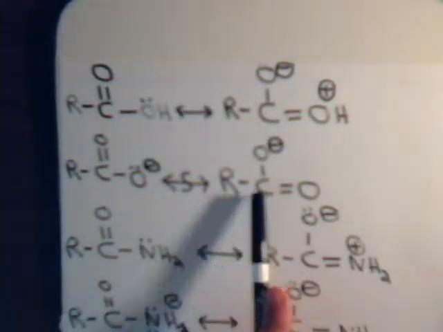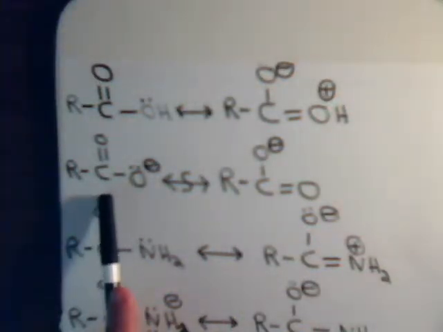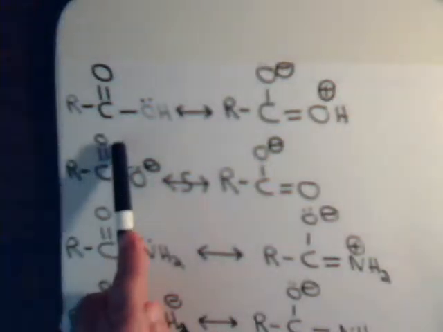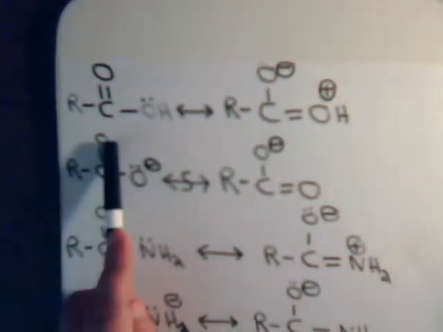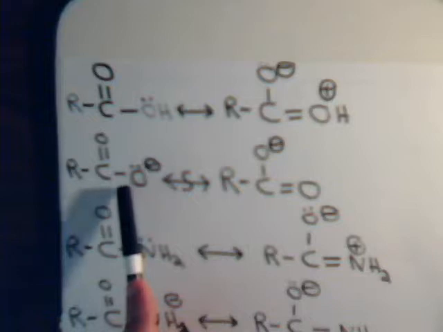Also, these different canonical forms are symmetrical. You can imagine if we just rotated this carboxyl group 180 degrees about this bond, then this would be up here and this would be down over here. So there's a symmetry between these canonical forms, and that symmetry imparts even more stabilization.